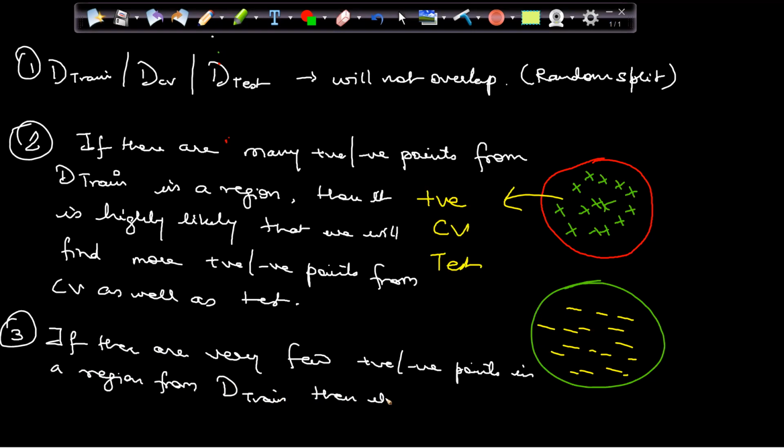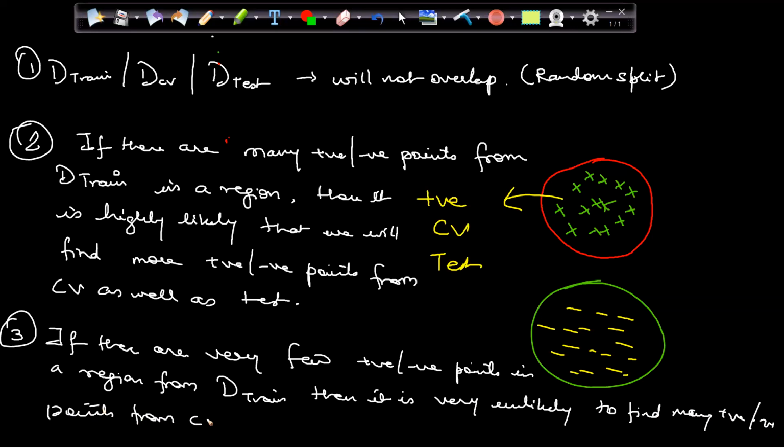Then it is very unlikely to find many positive or negative points from CV as well as D test, which again makes sense, right?